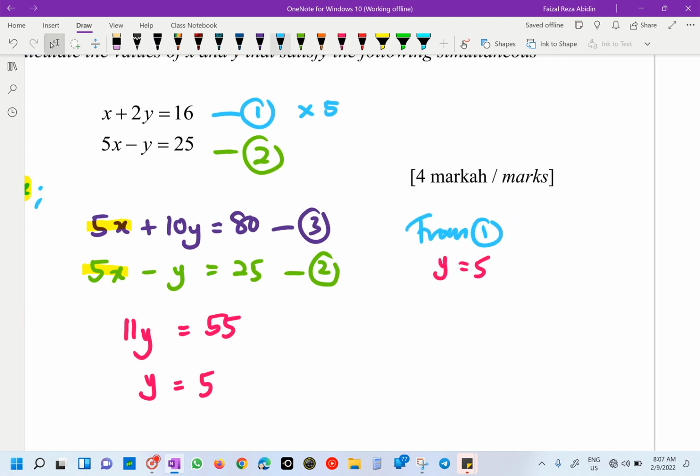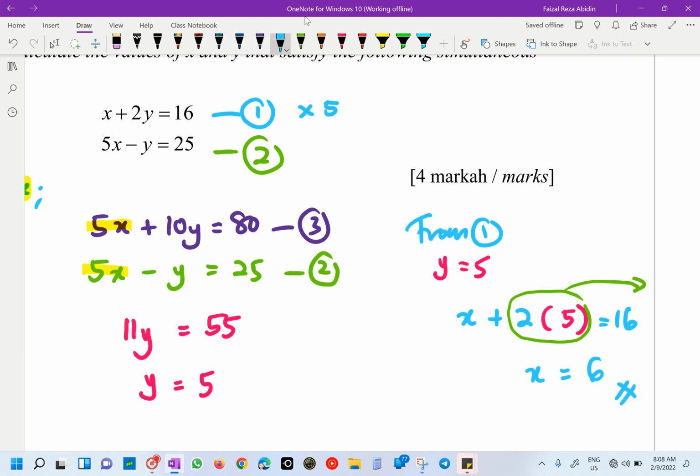So you have x plus 2 times 5 equals 16. 2 times 5 is 10. Bring to the right side, you get minus. So our x here is 6. There you go, x equals 6, y equals 5.